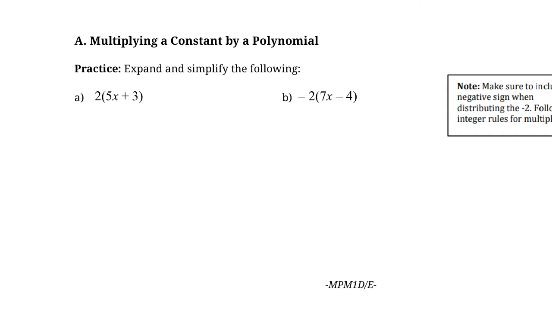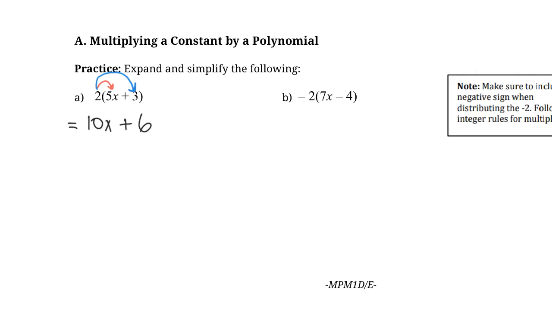With the first question, we're going to start with 2 multiplied by 5x. 2 multiplied by 5 is 10, and there's an x there, so we're just going to attach it to the 10. Then we move on to the next term: 2 multiplied by positive 3, which is positive 6.